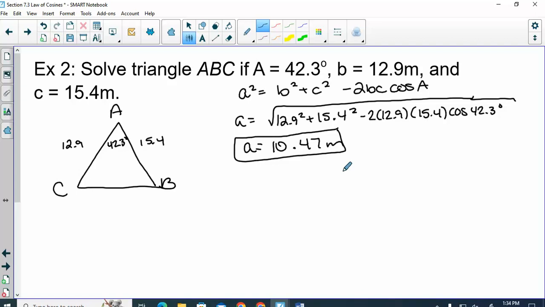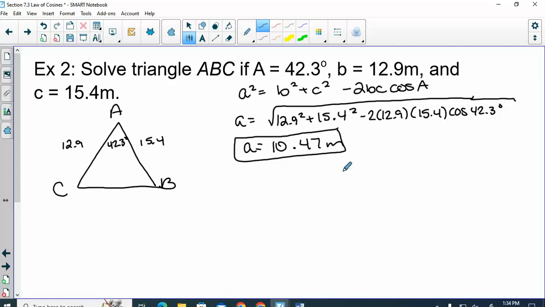You guys get 10.47 for side A? I did keep an extra decimal there because I am going to use that to keep finding some numbers because I asked for the entire triangle.